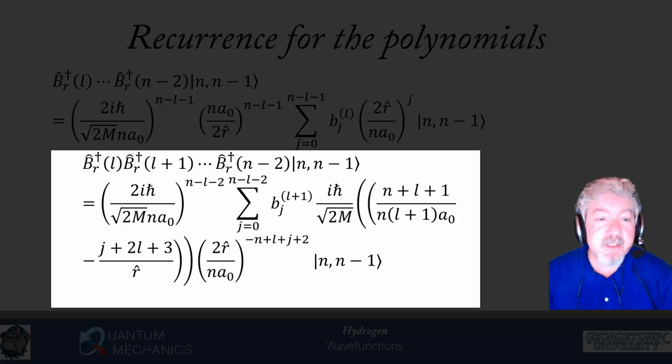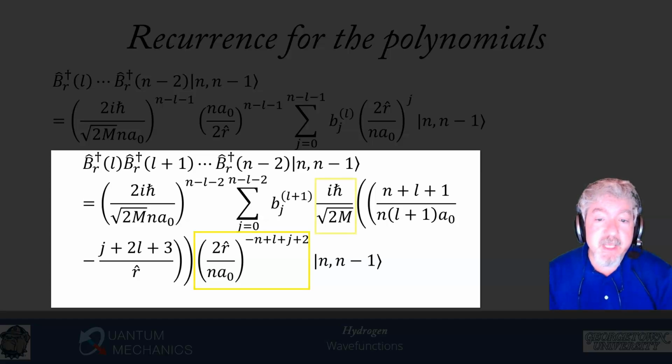Okay, so what you can see here is I would like to actually pull out the r hat factors to get it into the standard form. So we should have a 2i h bar over square root of 2m n a0 raised to the power n minus l minus 2 and an n a0 over 2 r hat to the n minus l minus 2. So I'm going to take those terms out from this polynomial.